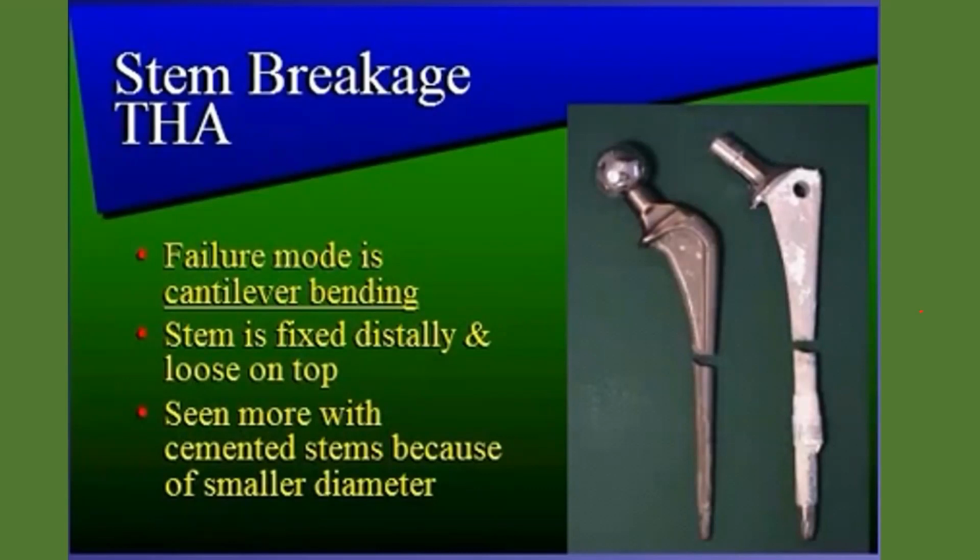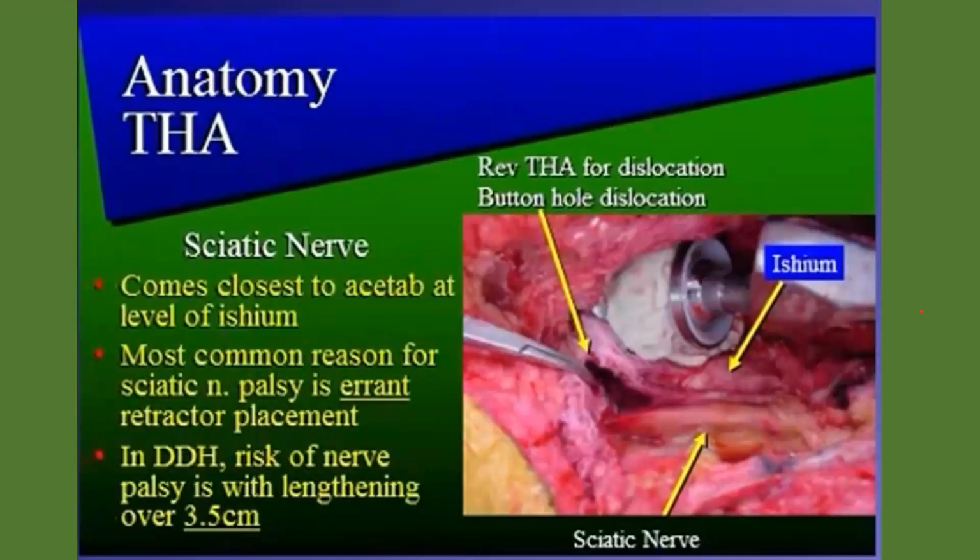Of surgery. You have to keep in mind that as you're doing a prosthesis, if you go through a posterior approach and using a retractor, don't forget that you have the sciatic and you can damage the sciatic nerve.